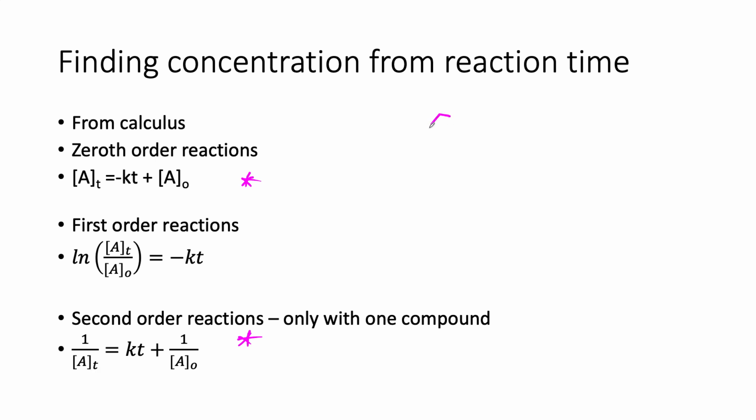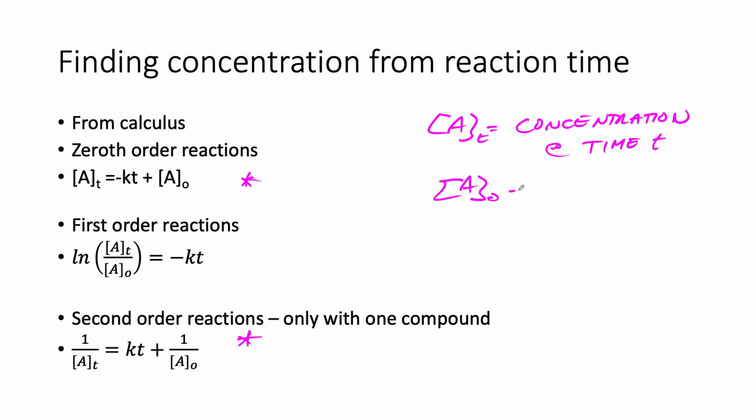I want to point out that A sub t is read as the concentration at time t, and A sub 0 is equal to the concentration at time 0 seconds.